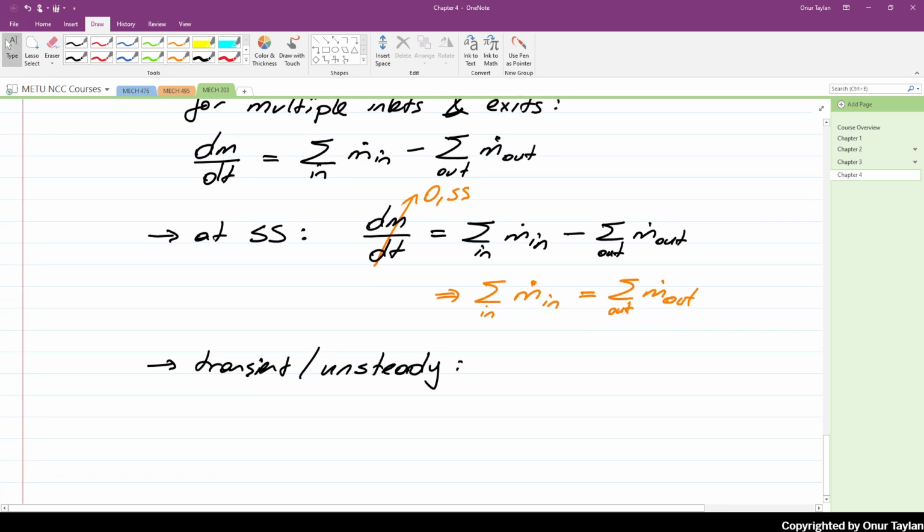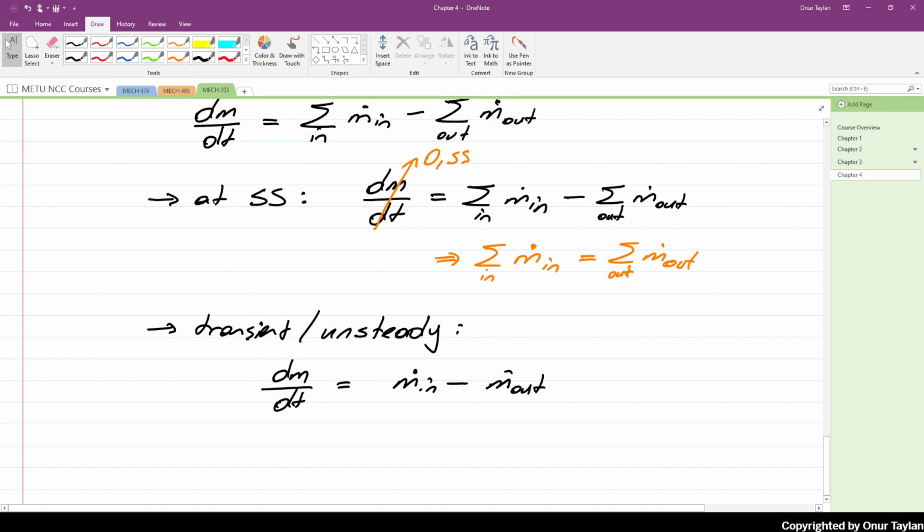So let me write down the conservation of mass in general. What you would like to know is how much mass accumulates or depletes over time. Since this is transient, the mass of the system might change over time, so the left-hand side may be non-zero.